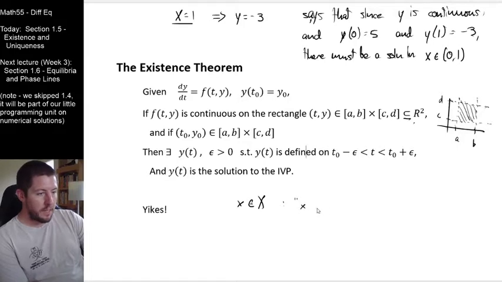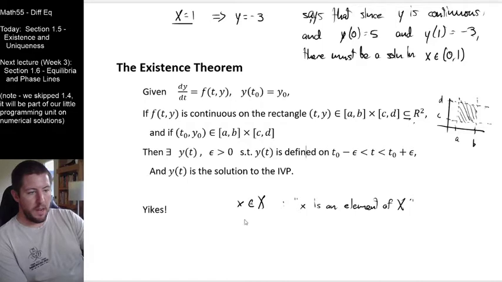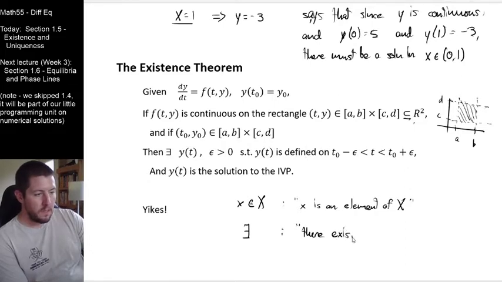So this would say x is an element of X, right? So that might be an object in a set. That's this element usage right here. The next E that we end up seeing is the backwards E. Backwards E says there exists. So there exists a function y of t and an epsilon greater than 0.